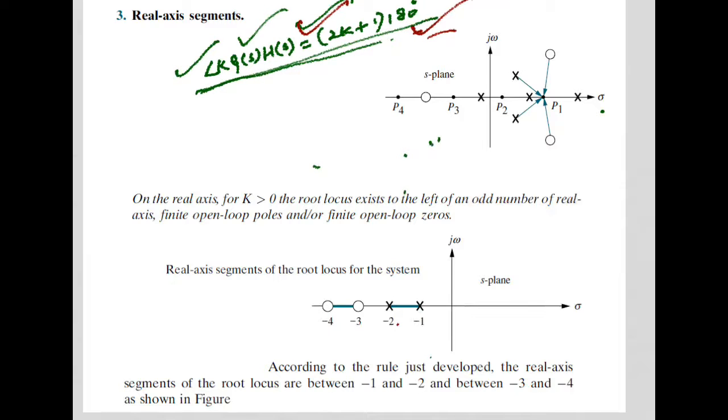One branch will start from -2 and the other will start from -1.